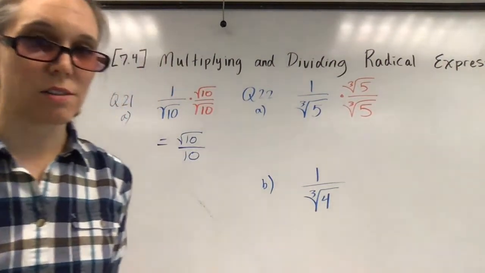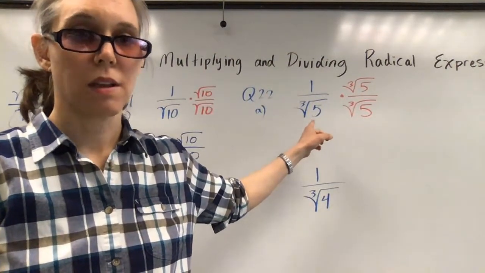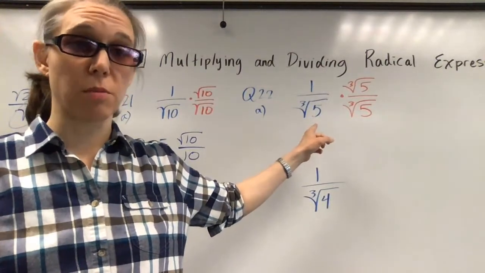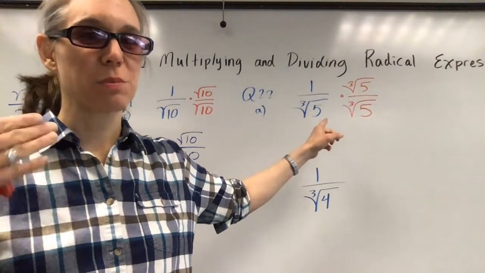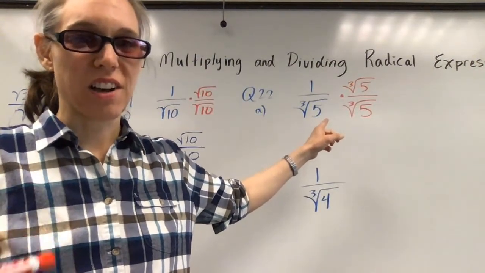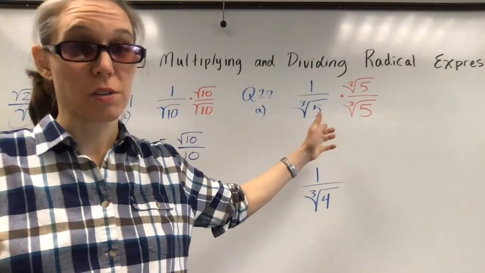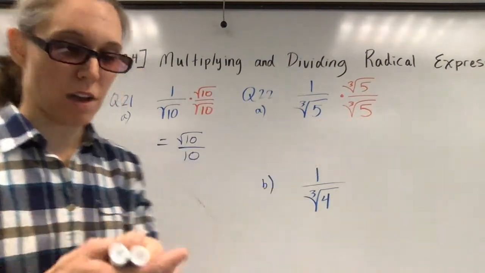So instead, you need to think of what is the smallest perfect cube that 5 divides into. The smallest perfect cube that 5 divides into, let me say that again. The smallest perfect cube that 5 divides into is 5 cubed, or 125. So what we want is 3 copies of the 5.